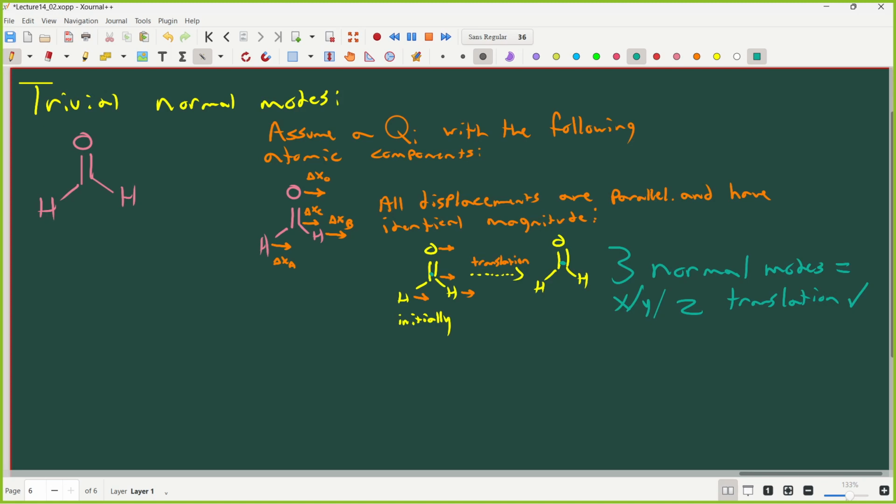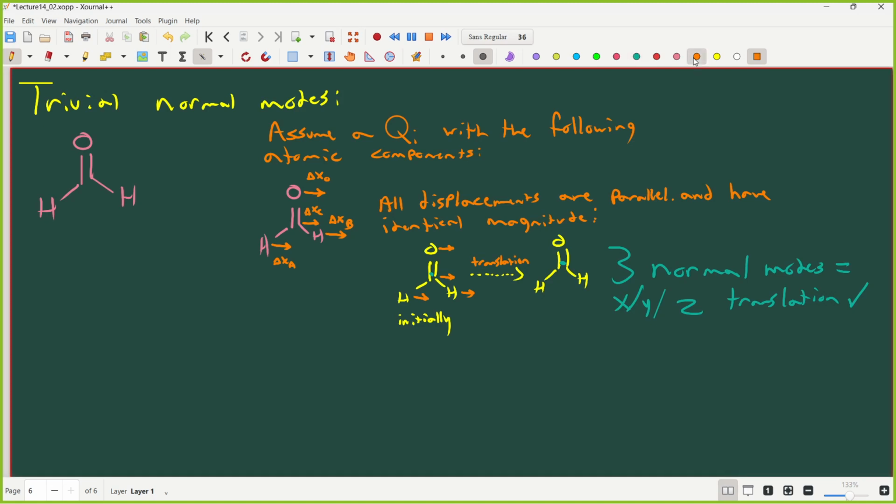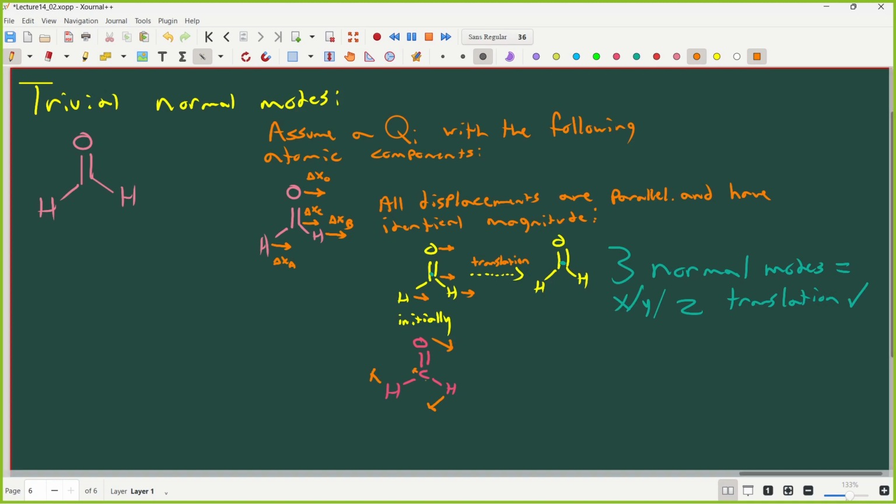There's another set of normal modes. These are a little harder to see. What if I instead move the atoms in such a way that when I add the vectors together, tip to tail, the net vector is 0?